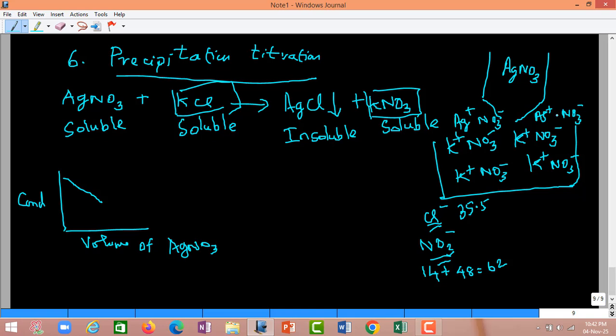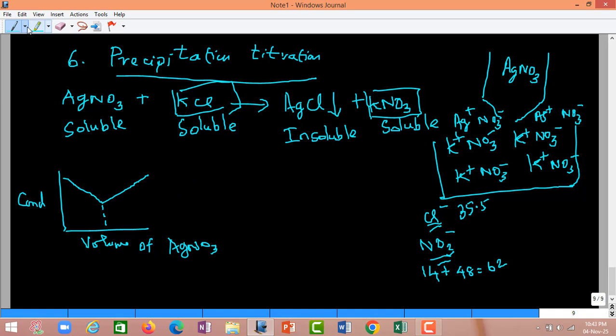The excess silver nitrate will remain as such, and so the number of ions increases and conductance increases. The point corresponding to the change of slope will be the end point for this titration.